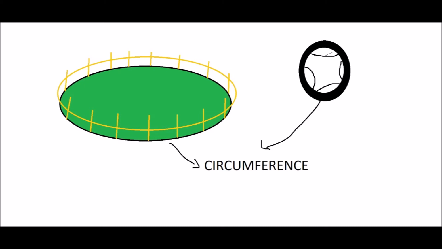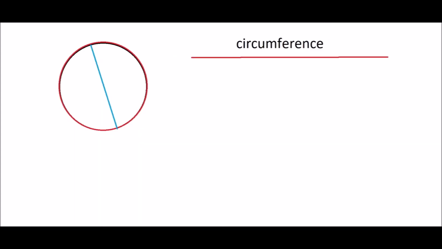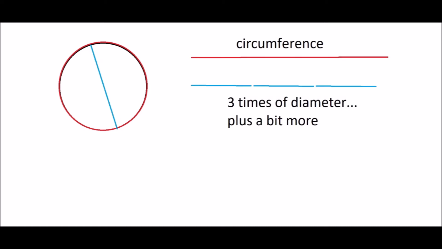Okay. Now, mathematicians have found out that when you measure the circumference length and you measure the diameter, the circumference is 3 times the diameter plus a bit more.